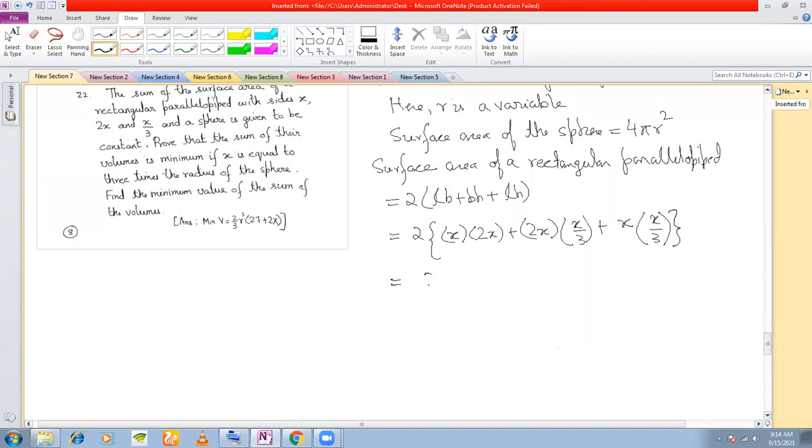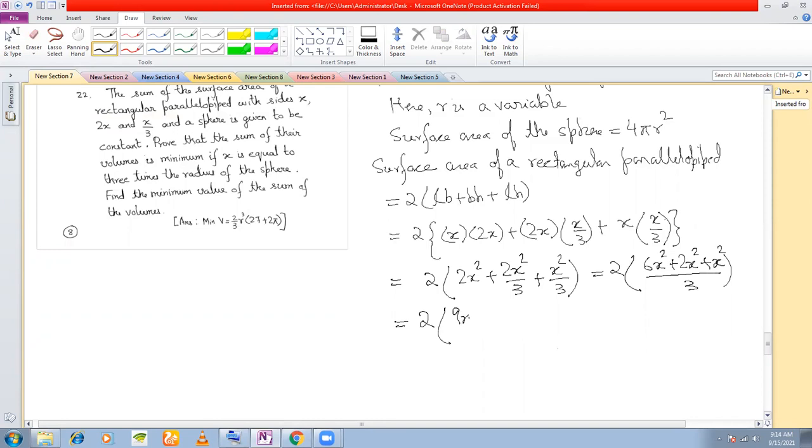Okay, so you get here twice 2x square plus 2x square by 3 plus x square by 3, which is equal to twice 6x square plus 2x square plus x square by 3, which is equal to twice 9x square by 3. So you can cancel this 3 and 9. So simply get 6x square.